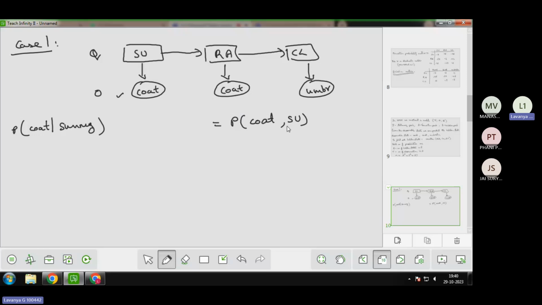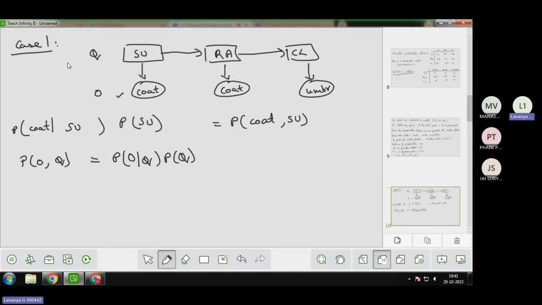P of A intersection B is P of A given B times P of B. So P of coat given sunny, which I will write as SU, times P of SU. In general, you want to represent observable, comma, hidden: P of O, comma, Q is P of O given Q times P of Q. This is the formula we will use.